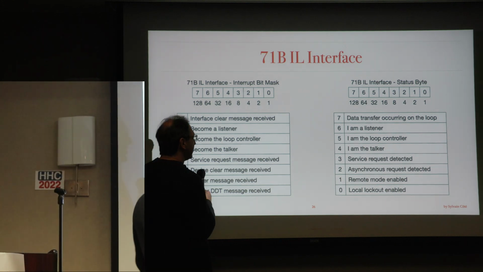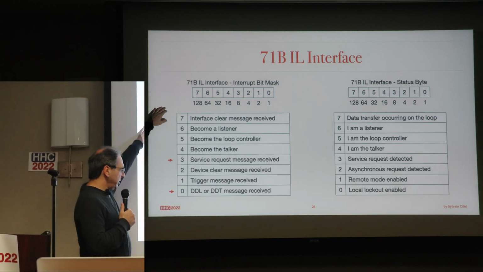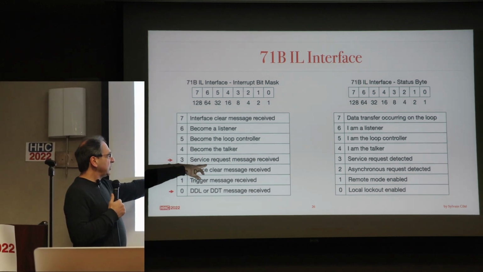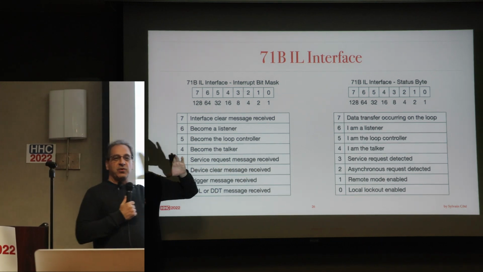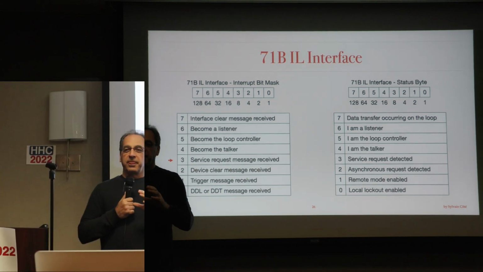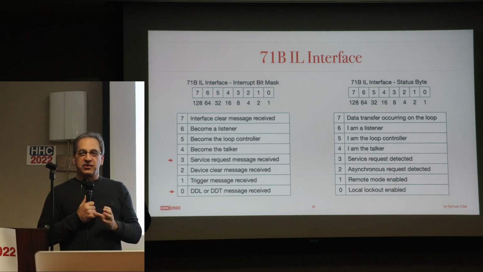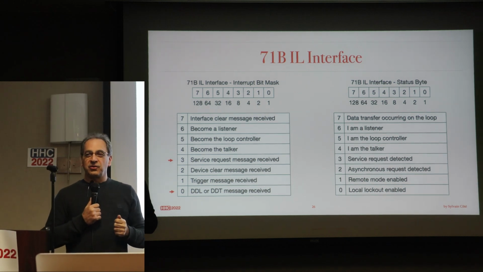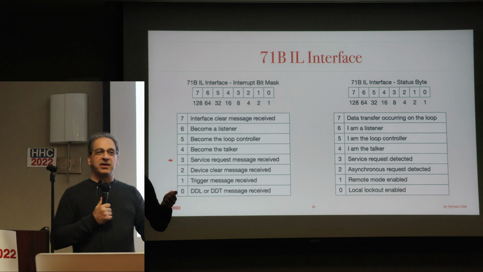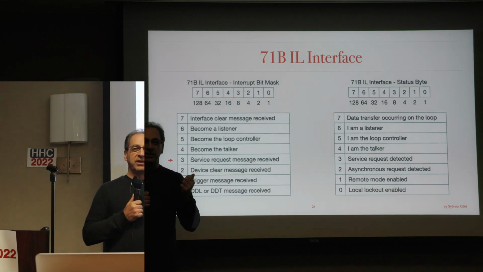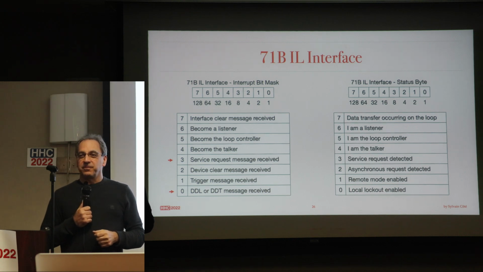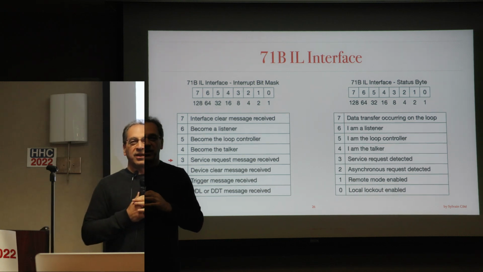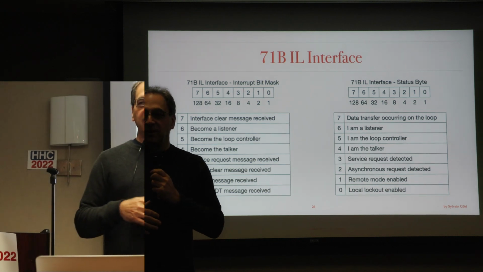So you're going to set an interrupt bit here with service request message received. So you're going to create a subroutine in BASIC that will handle that message, and you're going to tell the HPIL interface, if the service request bit is set, call the handler routine. So that's how you handle that in the program.